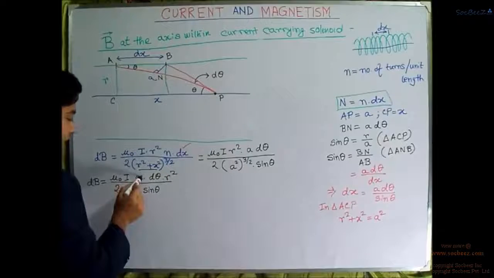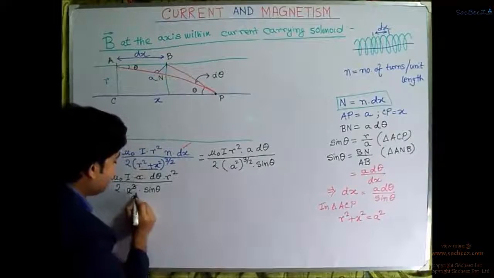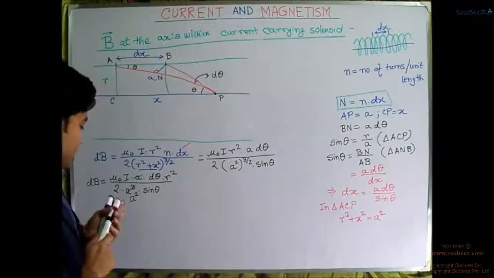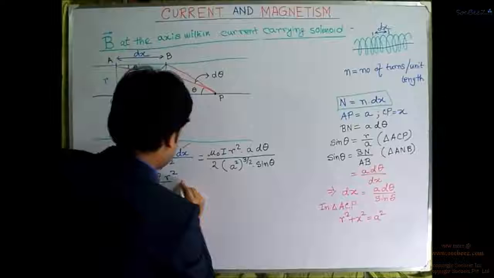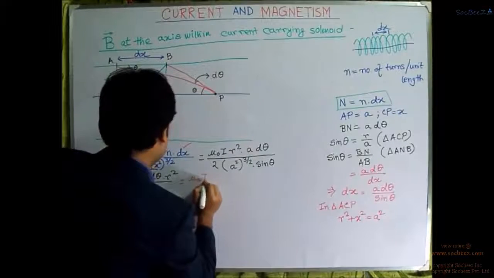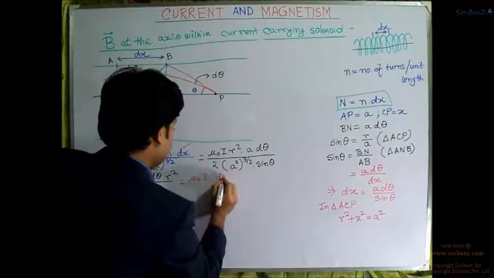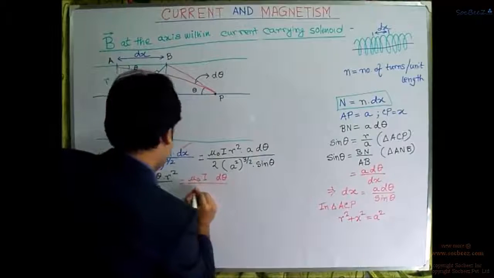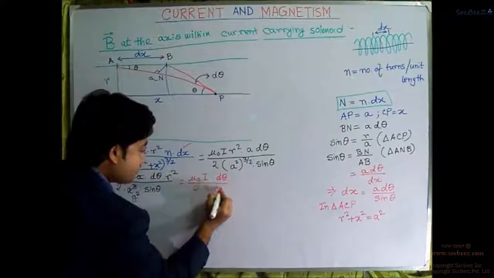So we can see that a will cancel out with this a cube, leaving only a square in the denominator, which in turn the expression now will start looking as mu naught I multiplied by d theta divided by 2 sine theta.